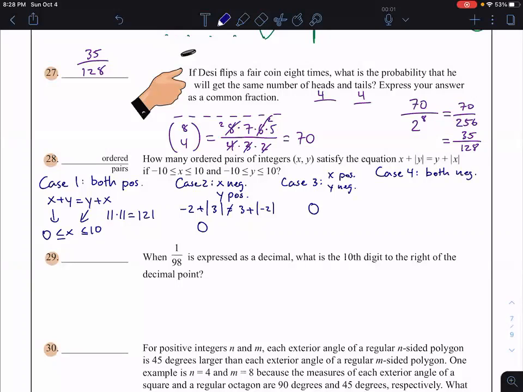So when both are negative, the only way that this will work out is when x is equal to negative y, or y is equal to negative x, same thing. So x and y have to have the same value, except that one of them is the negative value of that number. So for example, if x is -1, that means y also has to be -1.